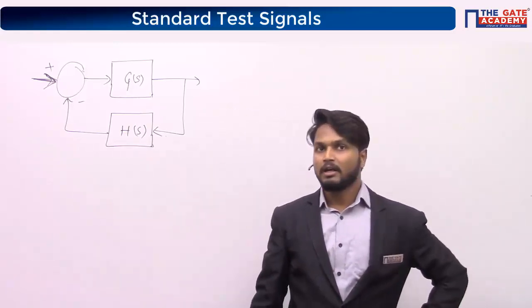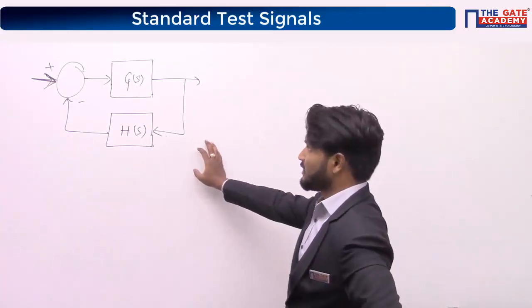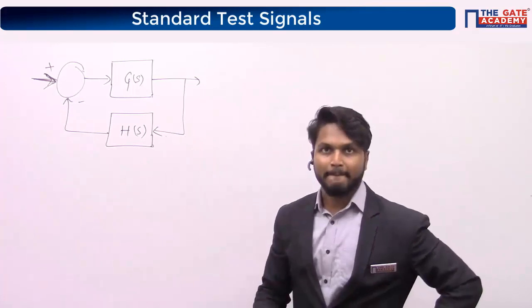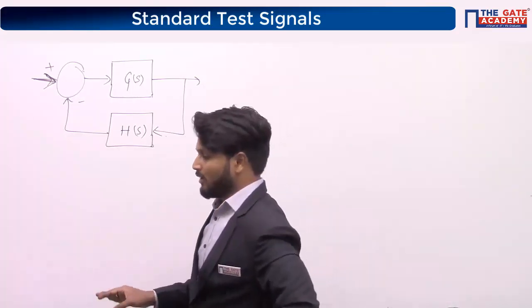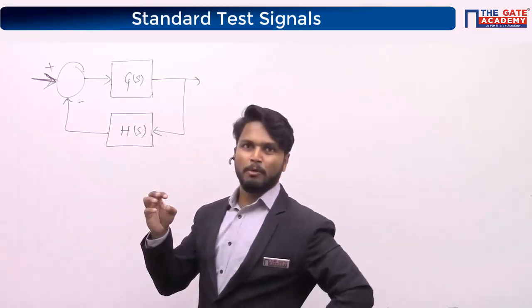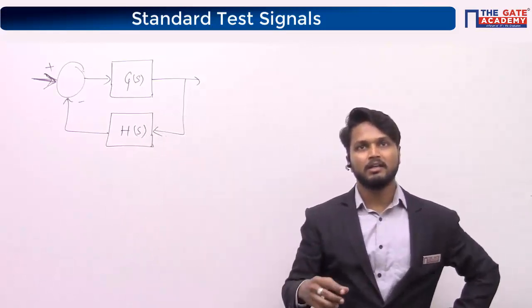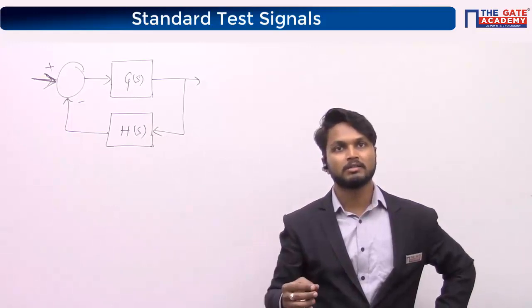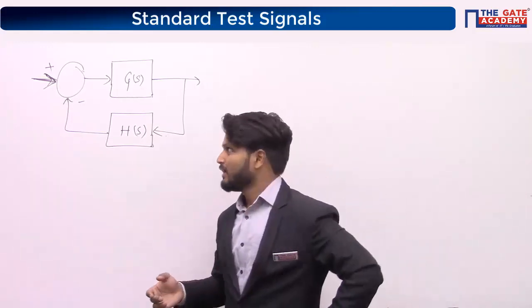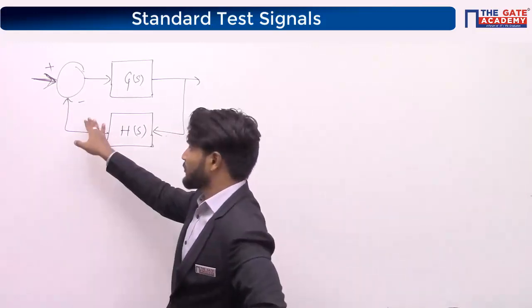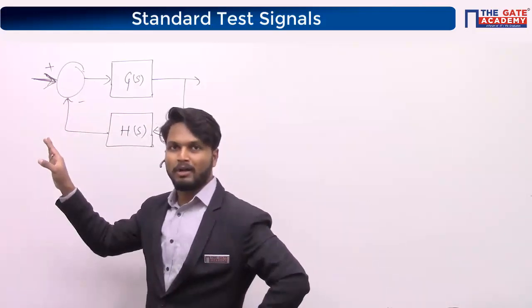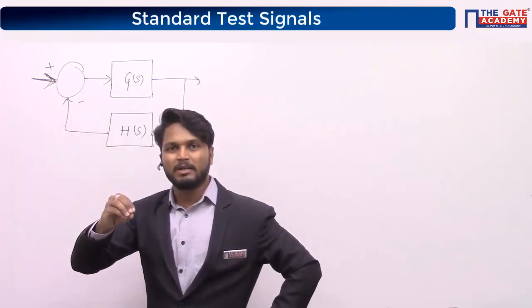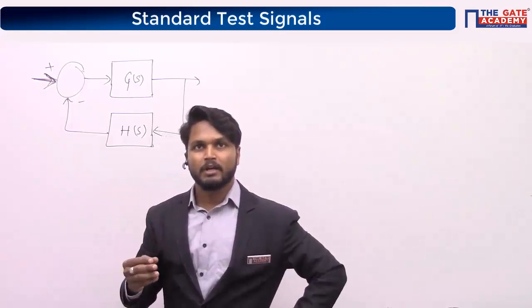Is it fine? Right? So in this negative feedback system, if at all any problem occurs in your control system, in your industry, what they will generally do is break this loop. Because of closed loop, your system might become a little unstable, right?